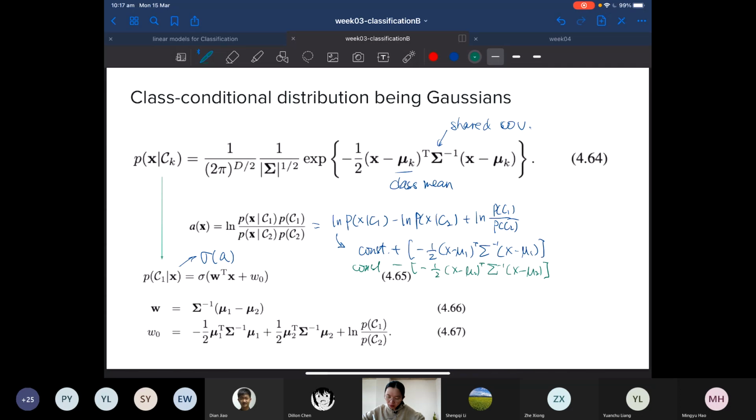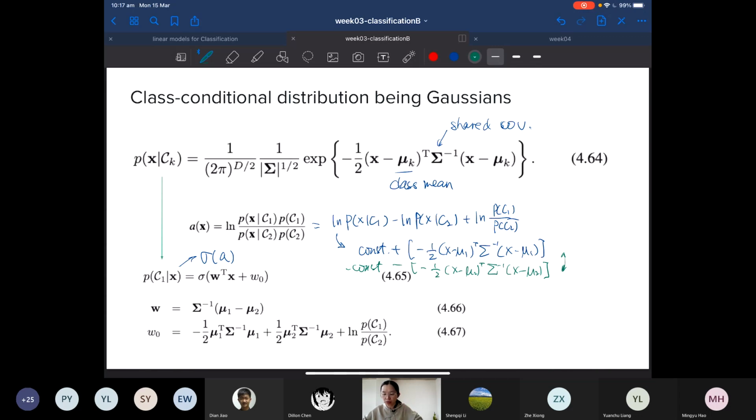There's some other constant, actually the same constant. So if we look at these two terms together, we can see that the quadratic term of x cancels, because in the worst case, the A term is a quadratic expression of x.